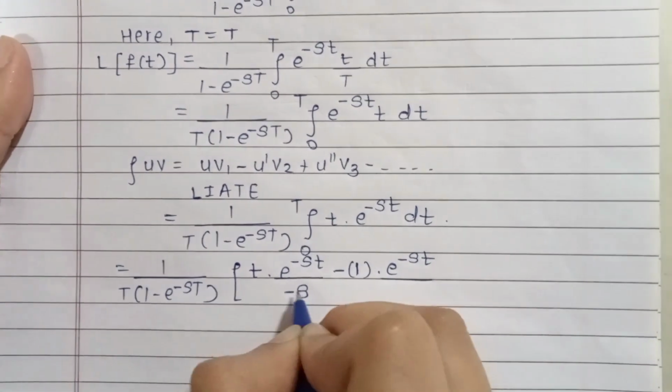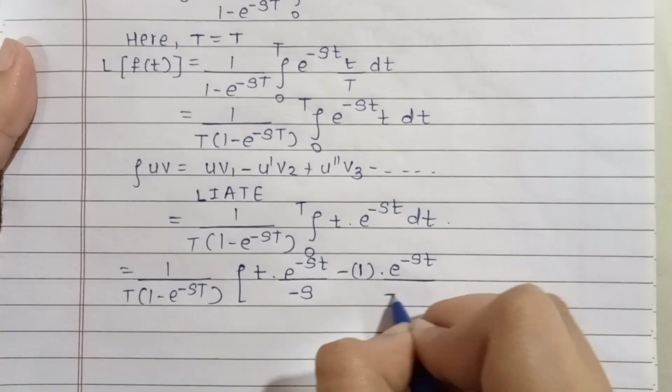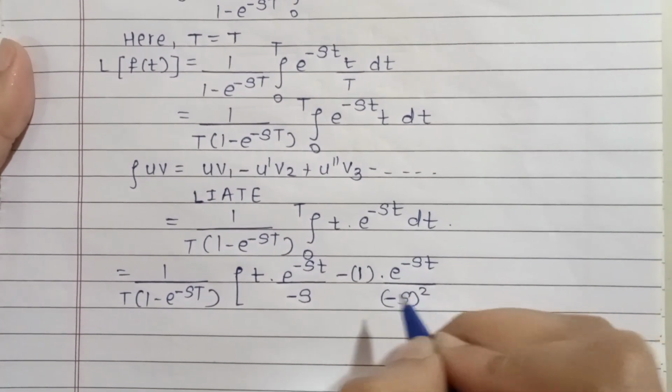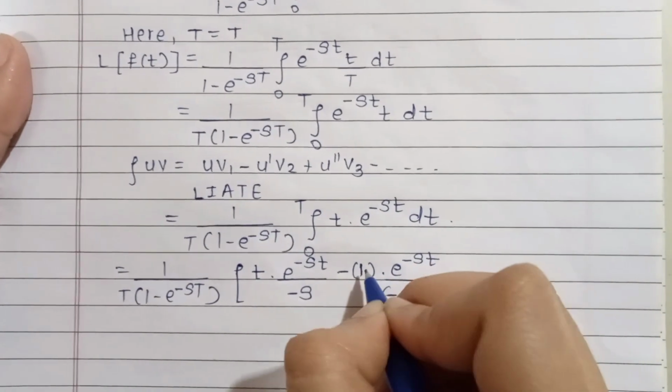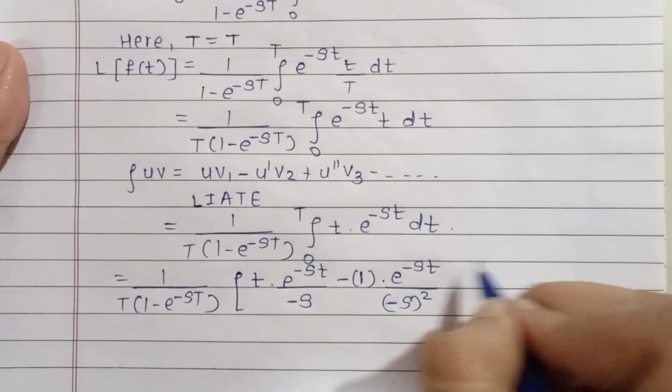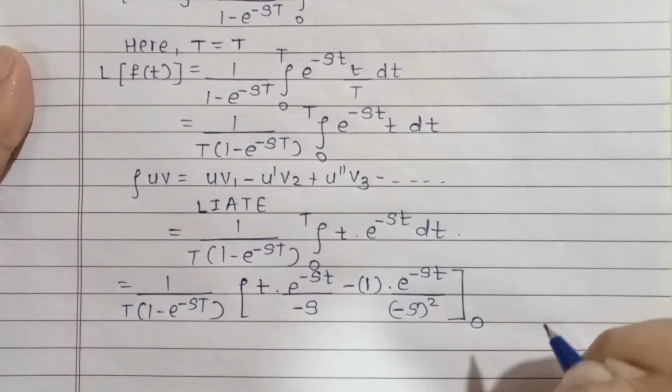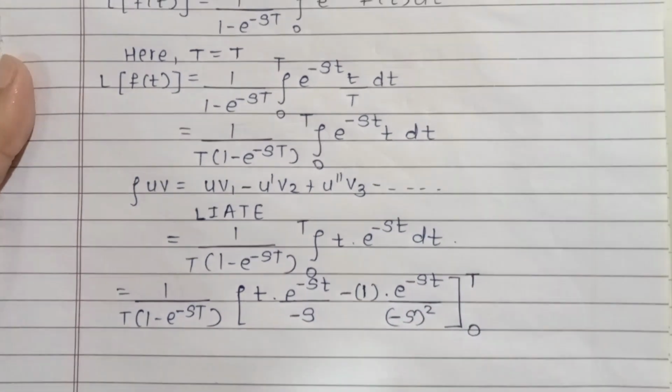This minus s plus, into this minus s, will be minus s square. Now we cannot take the derivative of this term again because it will be 0, and the whole term will become 0. So we'll stop here and we'll write the limits 0 to capital T.